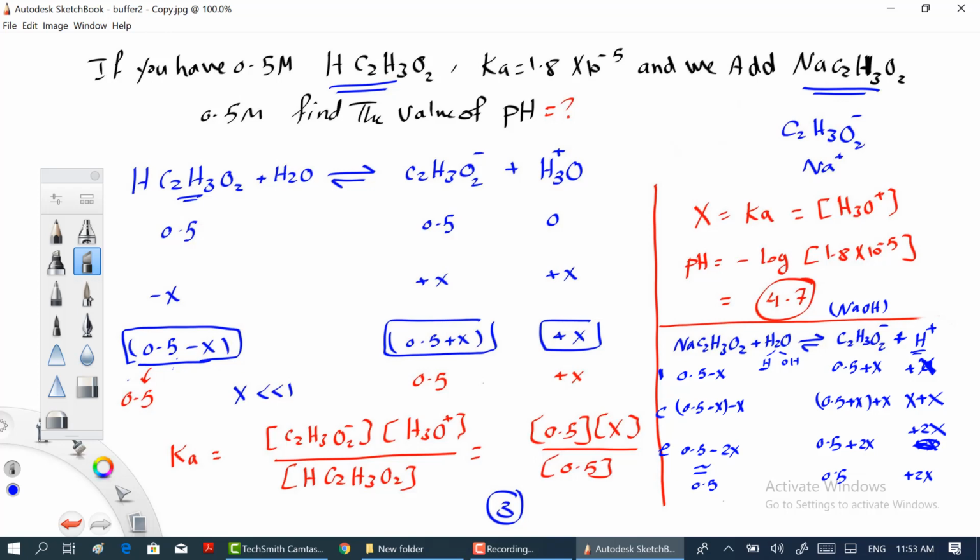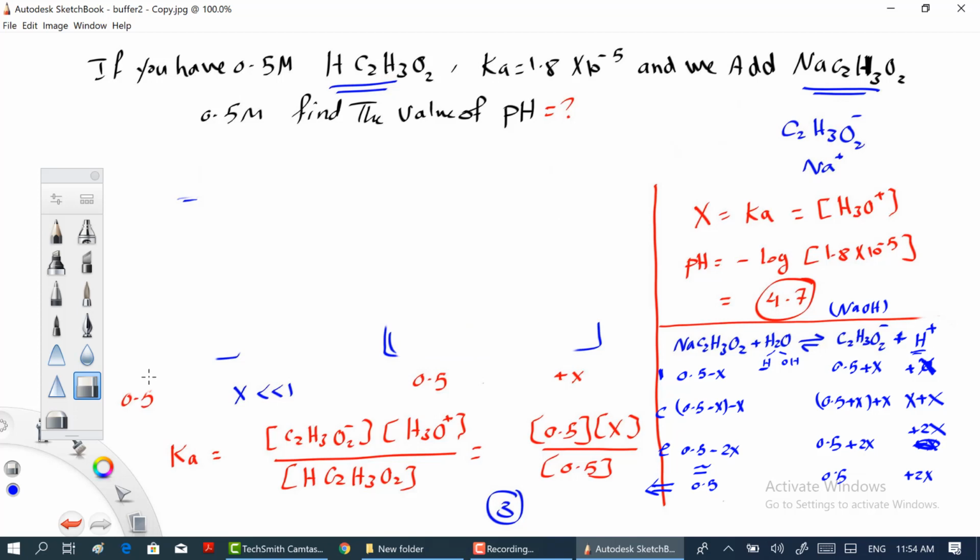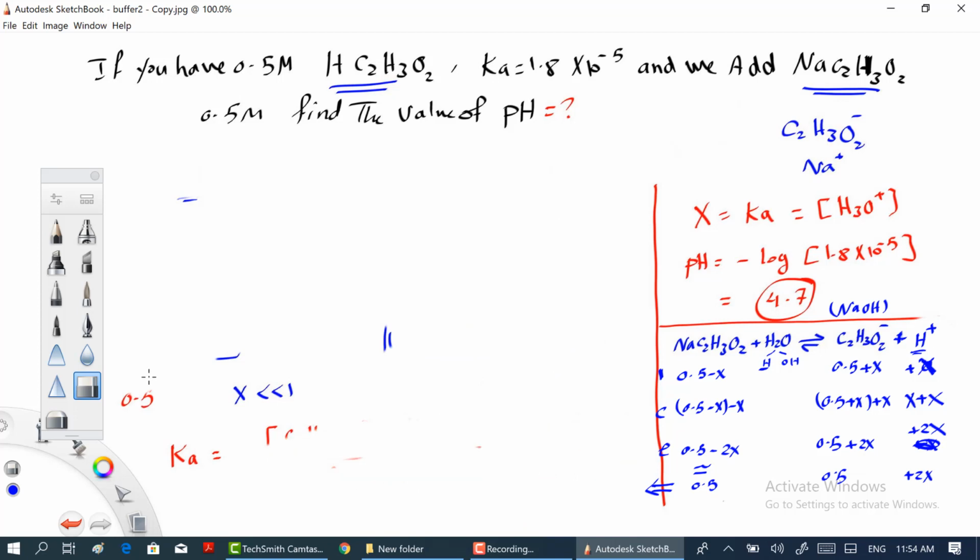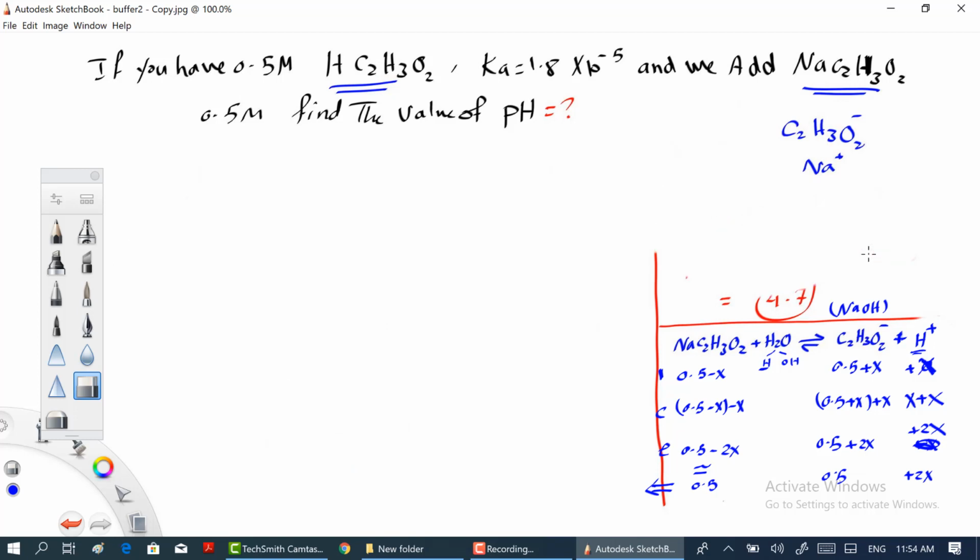Now find the value of the K. In this time, we will find the value of K equals the concentration of C2H3O2 negative times the concentration of the hydronium or H positive divided by the concentration of NaC2H3O2.